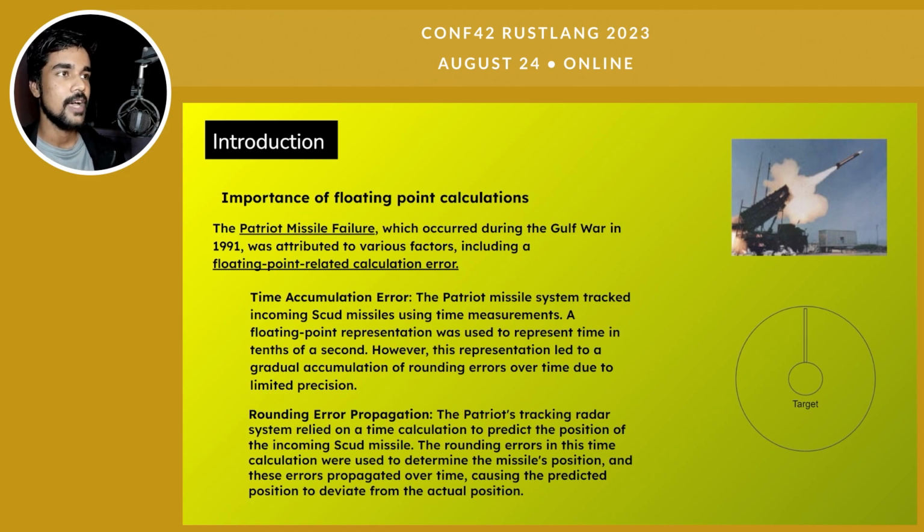The Patriot missile failure, which occurred in the Gulf War, was the result of floating point calculation errors. This was interesting because of the type used in the embedded architecture which drives the missile, which guides it from one direction to the other, and tells it which target location it should drop on.